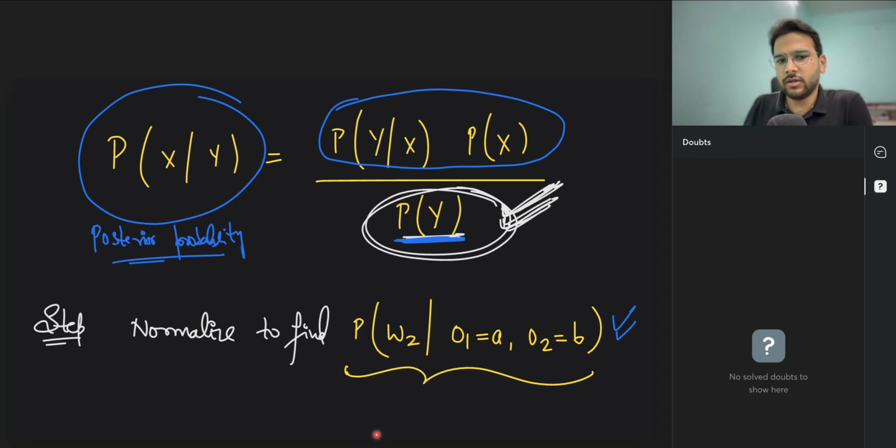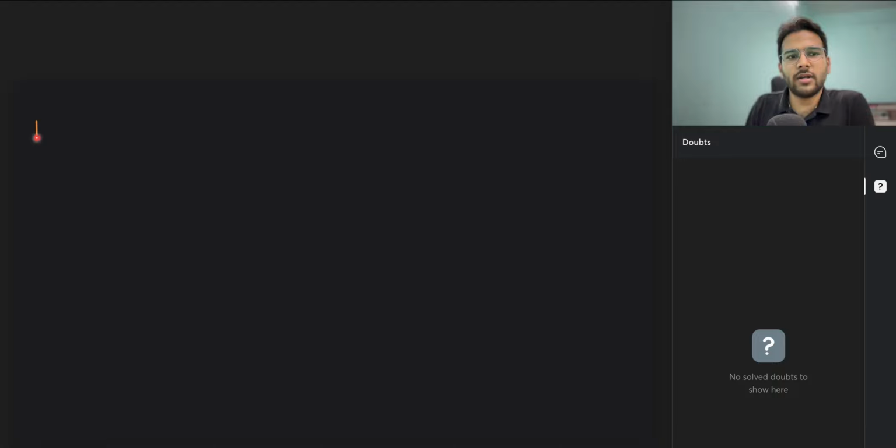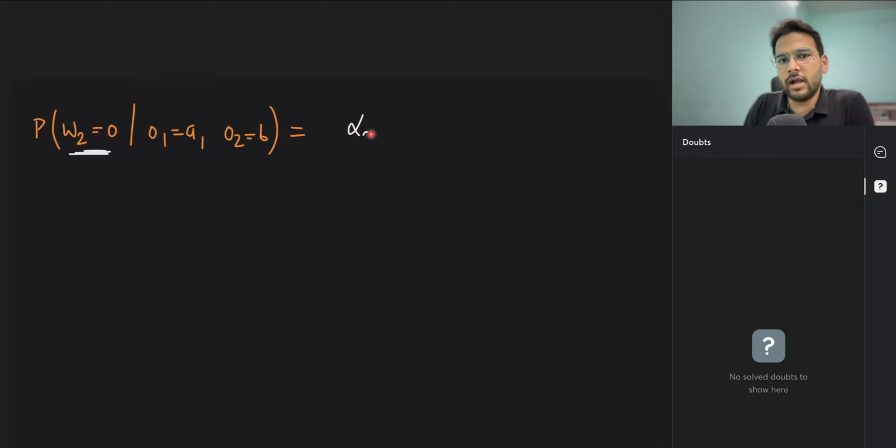So it's very simple now. Carefully see this. Now probability of W2 is equal to 0 given O1 is equal to A, O2 is equal to B. How can you find it out? Now for a specific value we are finding it out, so it is going to be alpha 2 of 0 divided by alpha 2 of 0 plus alpha 2 of 1. This is how we normalize it.